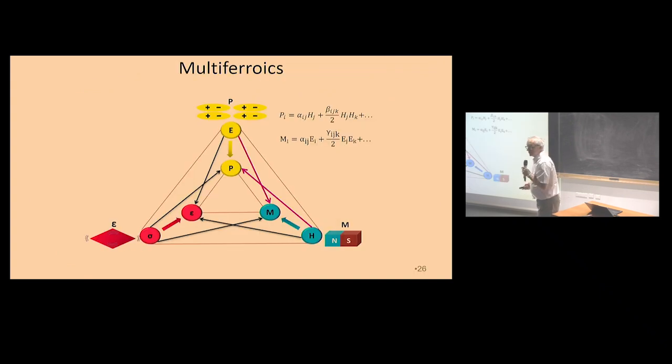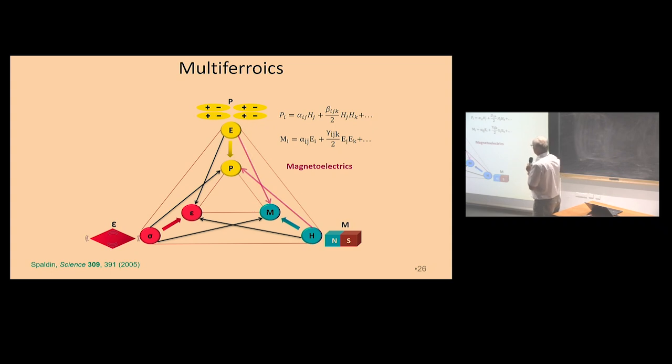Okay, multiferroics. You already had a nice talk about multiferroics, so I can go faster here. We are mostly interested in magnetoelectric multiferroics, where you can influence polarization with a magnetic field or magnetization with an electric field.